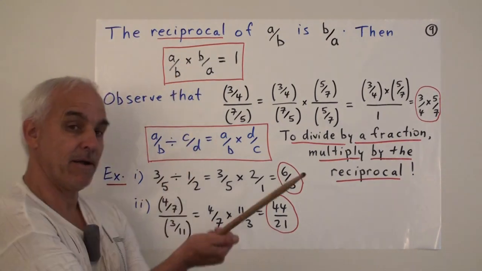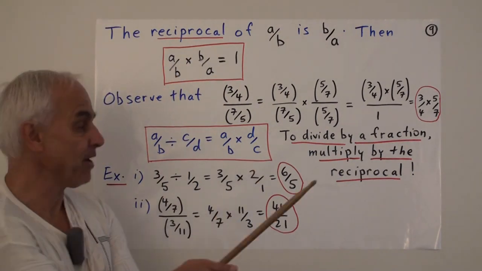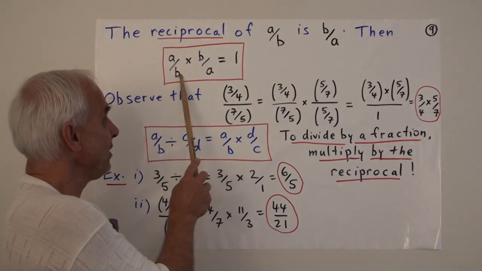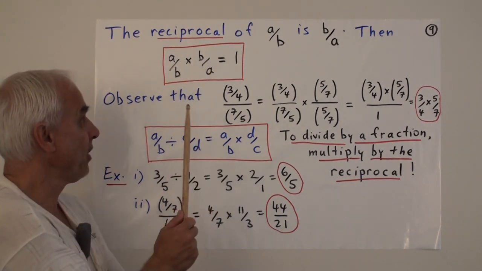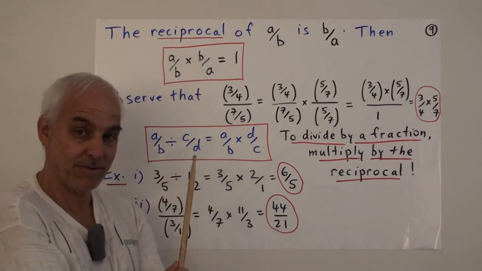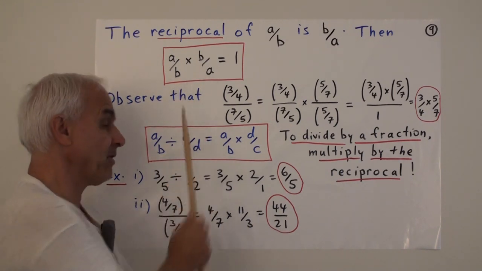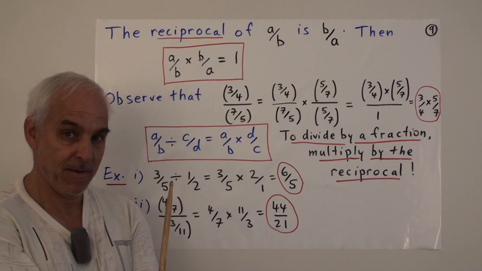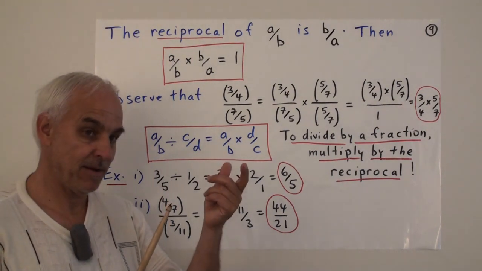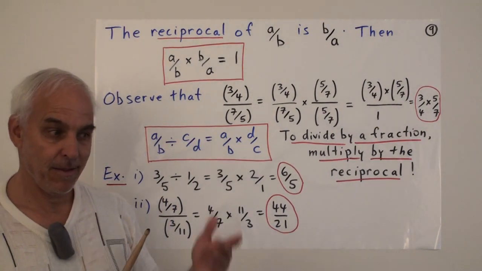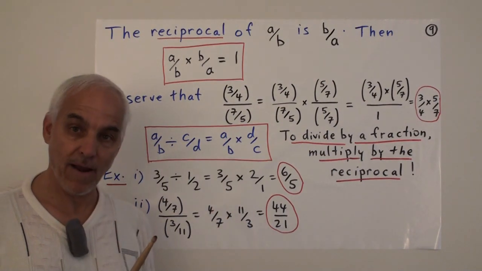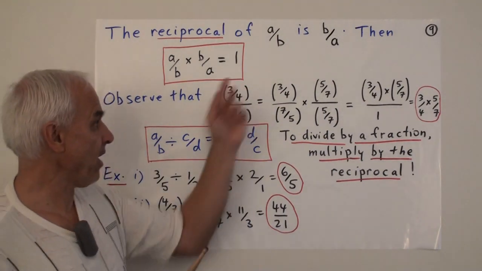Well, because we know how to multiply fractions, right? A over b times b over a. We just multiply the numerators, which gives us a times b, and we multiply the denominators, which gives us b times a. And since a times b is the same as b times a, they both cancel and we get 1 over 1, or just 1.